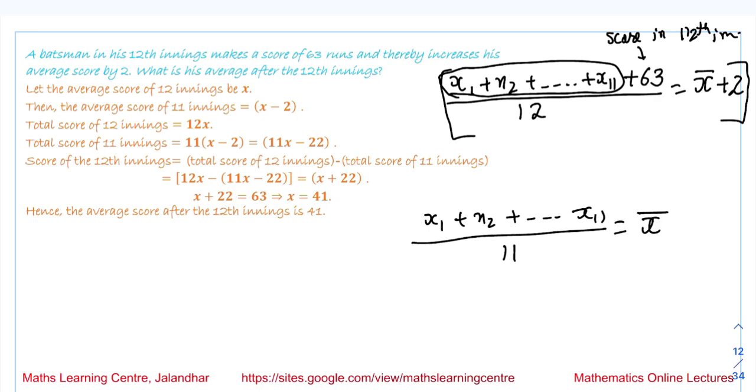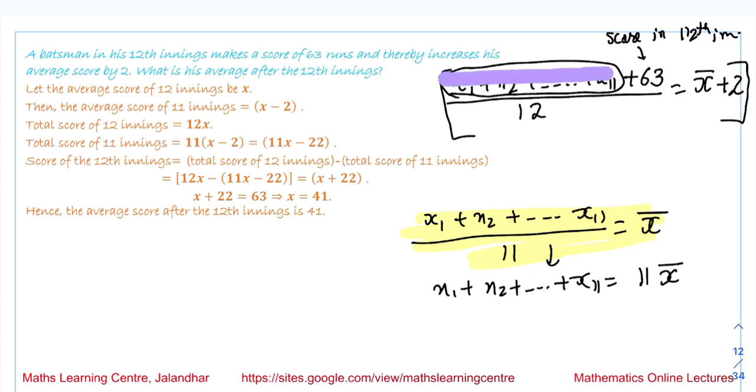So from this second equation we can calculate the value of x1 plus x2 plus so on up to plus x11, that is equal to 11 x bar. We substitute this value over here, this is x1 plus x2 plus x11.